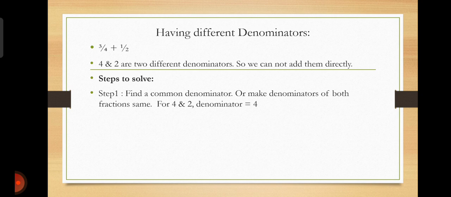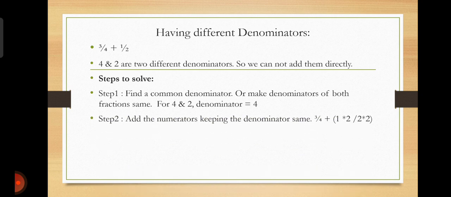That means we will make denominators of both the fractions same. So 4 and 2 will have a common denominator which is 4. Step number 2 is to add the numerators keeping the denominators same. That means 3 by 4 will remain as it is because 4 is the denominator. But in the second fraction 1 by 2, we will multiply the numerator and the denominator both by 2 so that we will get a common denominator 4.